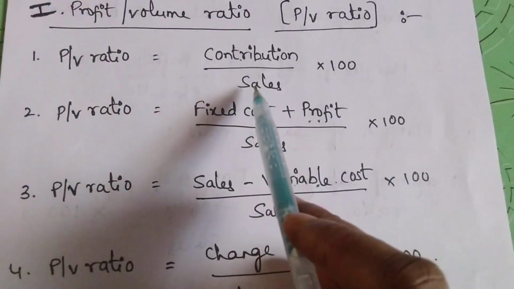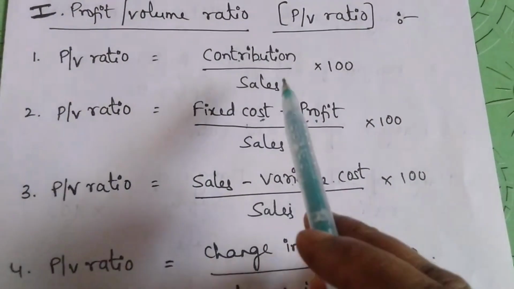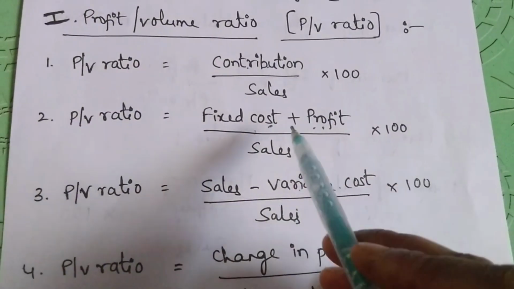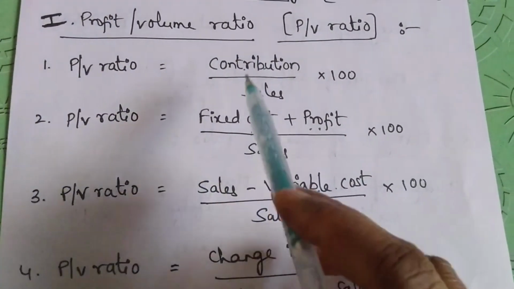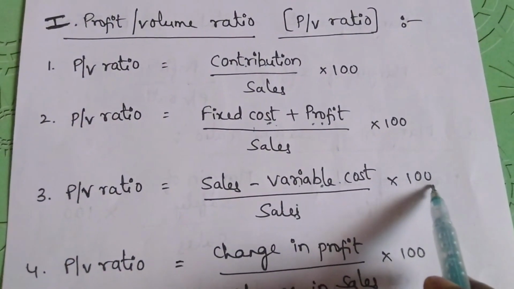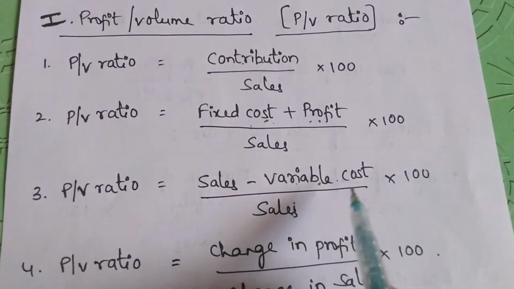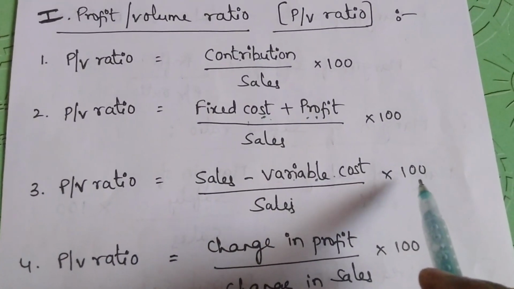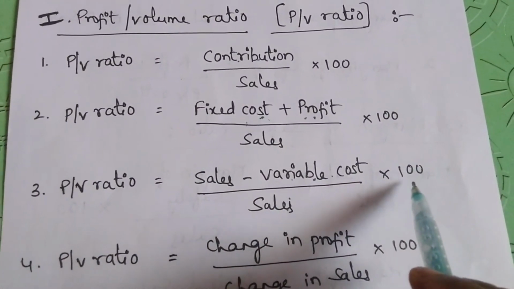If you observe here, in all the 3 formulas, the denominator is sales only, numerator is contribution only. Because it is ratio, after writing numerator and denominator, we have to multiply this formula by 100.